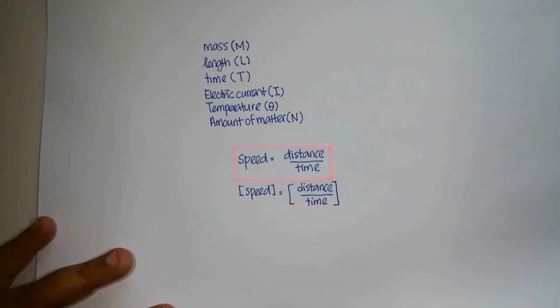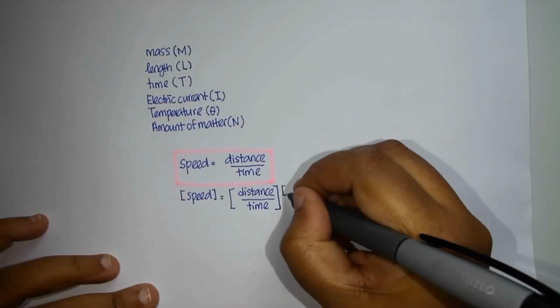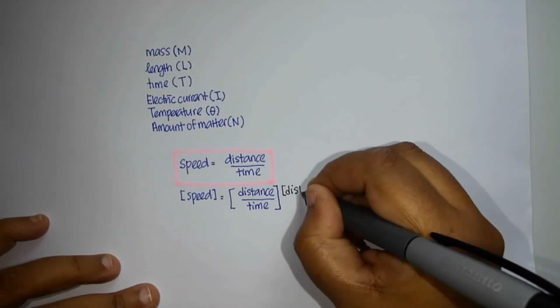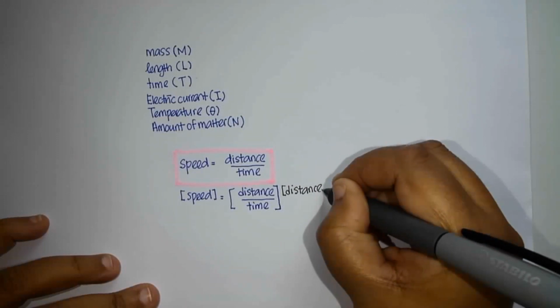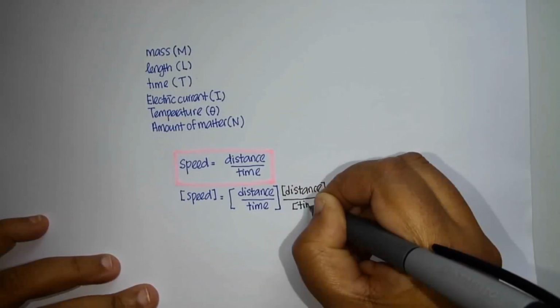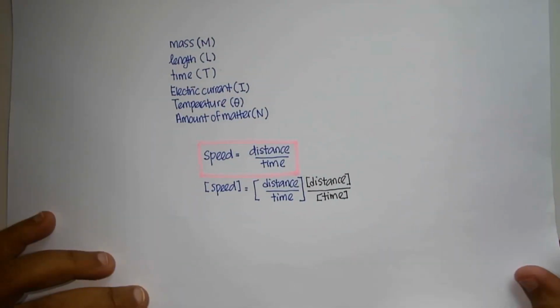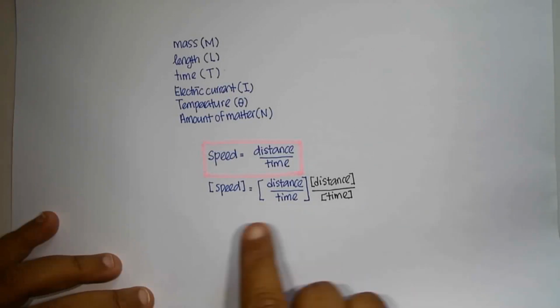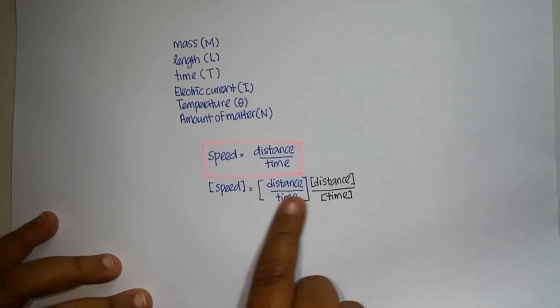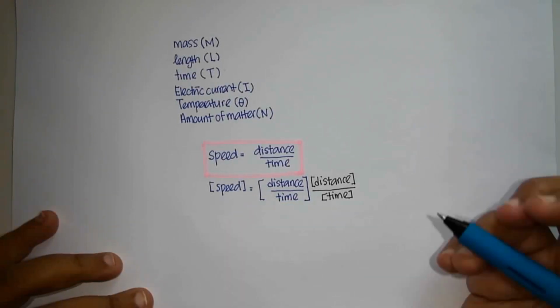I can even do it separately if I want to, distance or over time, separately as a physical quantity. So when I see this kind of bracket, I know this is already a dimension to find the dimension of speed.